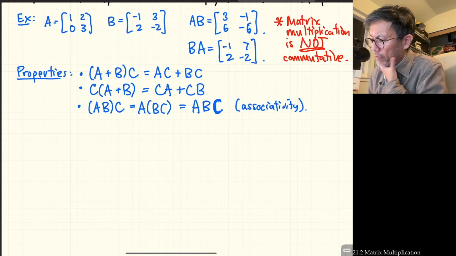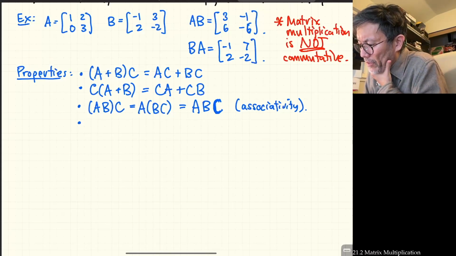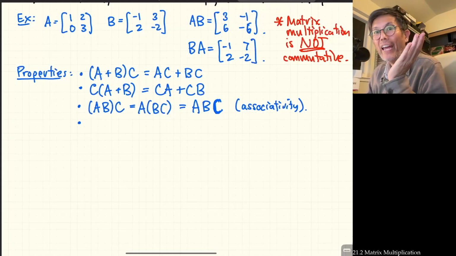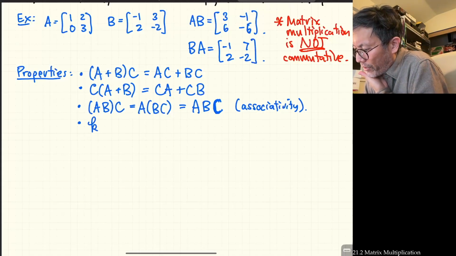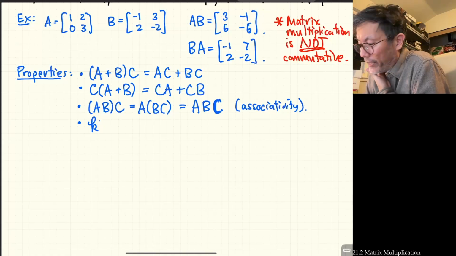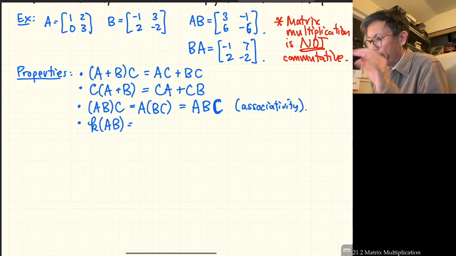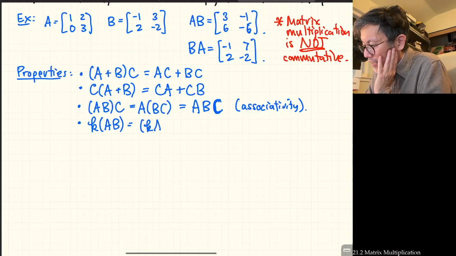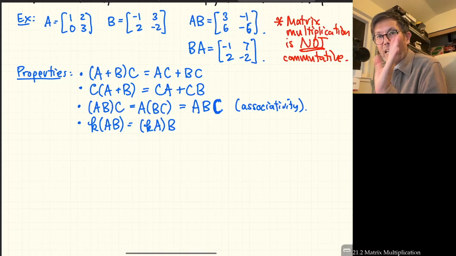Maybe one more thing, which is that let's say that you have some real number, k. If you multiply a product of two matrices like this by k, then one way of thinking about this is that you're going to take kA and then multiply that by B. That's legit.